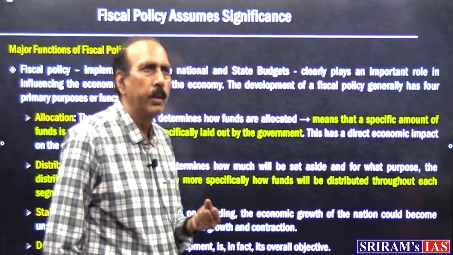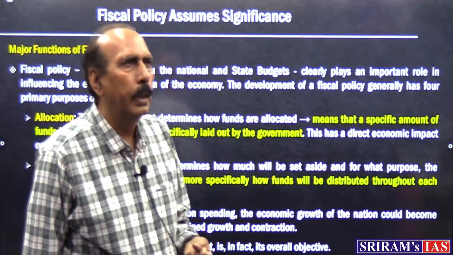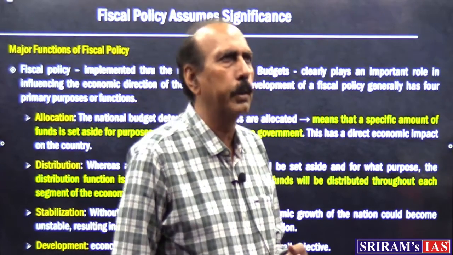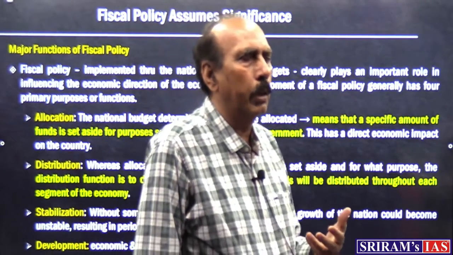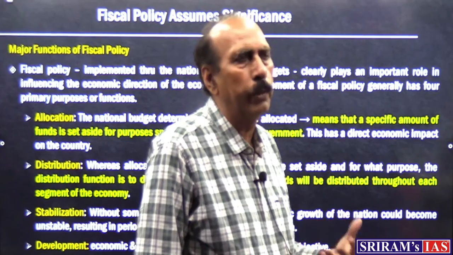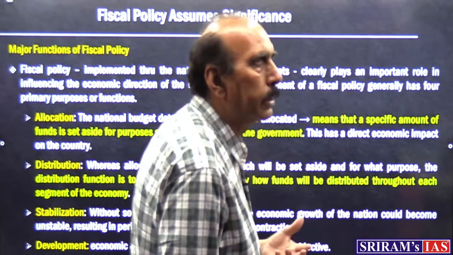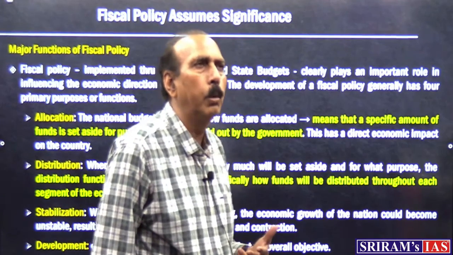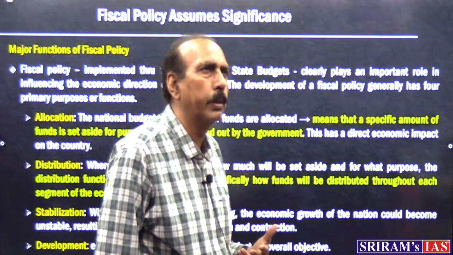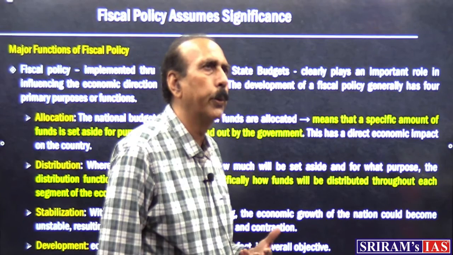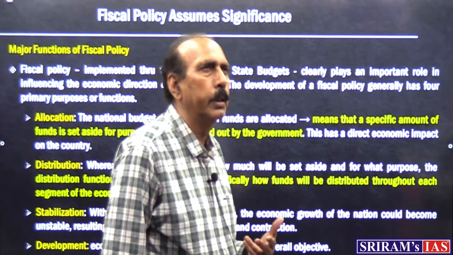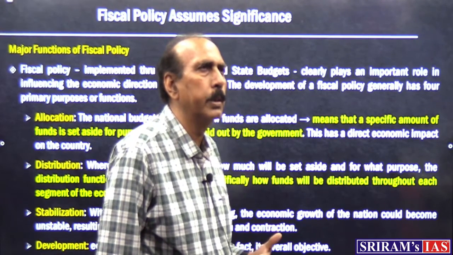First, the total size of the budget they decide, and when the total size of the budget is decided, how this total amount is distributed among various sectors, it has to be decided. And in making the decision about the sectoral distribution of the budget, the government has to ensure that the macroeconomic stability is maintained.